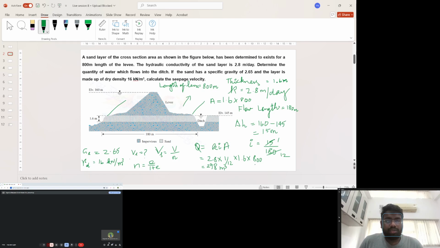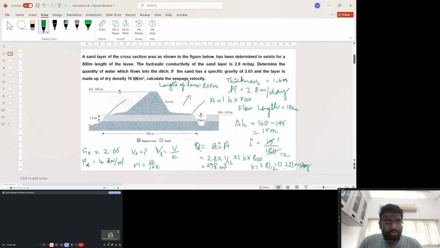The discharge velocity will be V equal to Ki, which is 2.8 by 12, which gives us 0.233 meters per day. So this is the discharge velocity and this is the discharge.